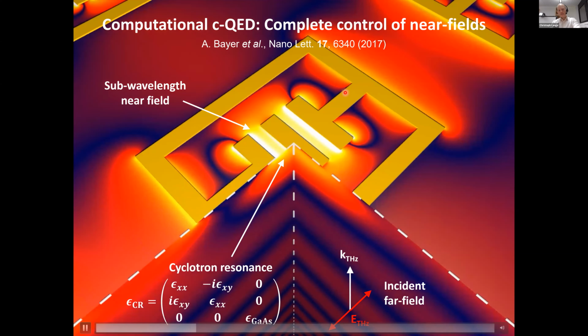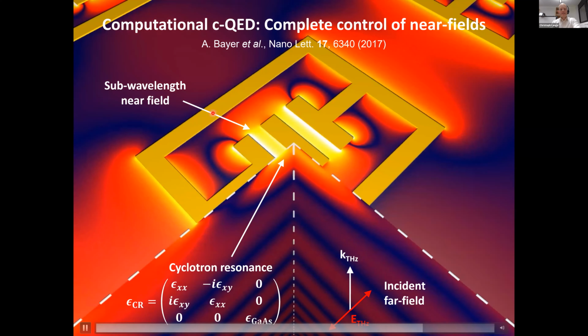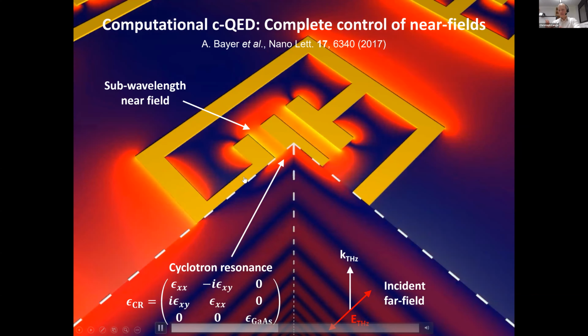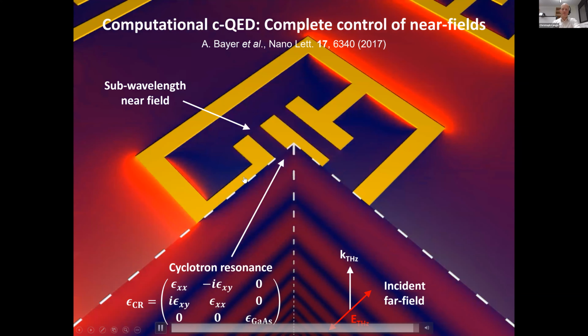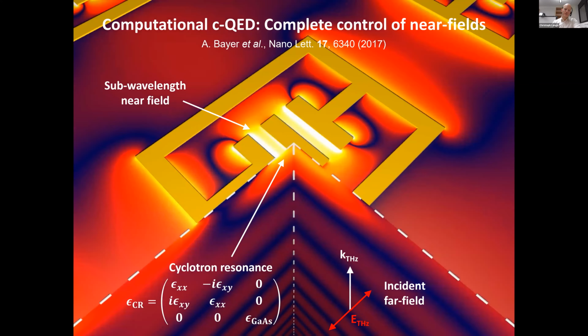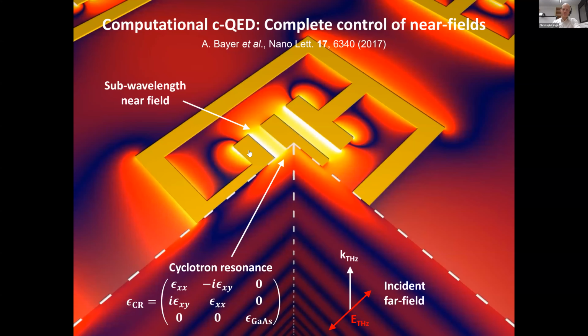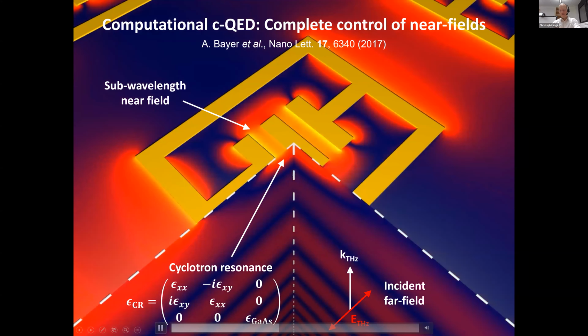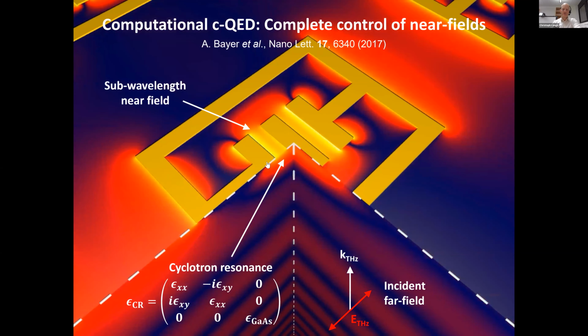And also because it represents a single turn of a coil, it has an inductance. And then, of course, since we have a dissipative material, we also have a resistance. Taking all these three together, we have an RLC circuit, an essential resonant electronic circuit just operating with, well, propagating light waves here in the terahertz range.